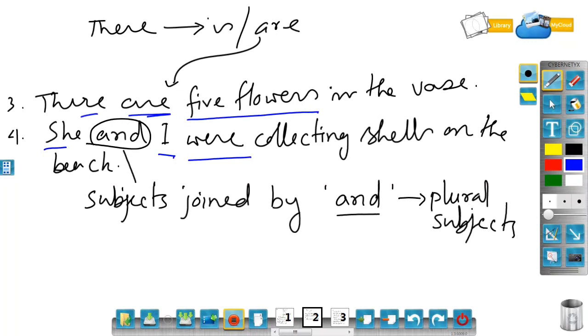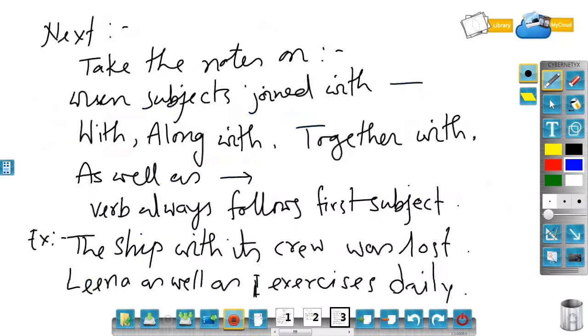So C is only one person and I is another person. They are joined by the conjunction and. So the total subjects are 2. That is why the verb is also plural.